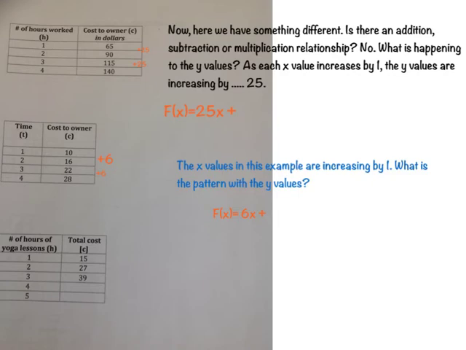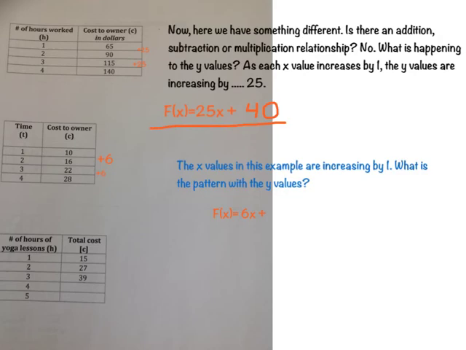Does that work? Let's try for x is 2. 25 times 2 is 50. Is 50 plus 40 90? Yes. Go ahead and try it for 3 and 4, and you'll see that it works. And therefore, this is your function rule.